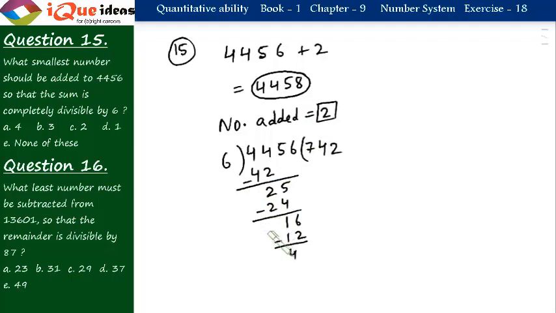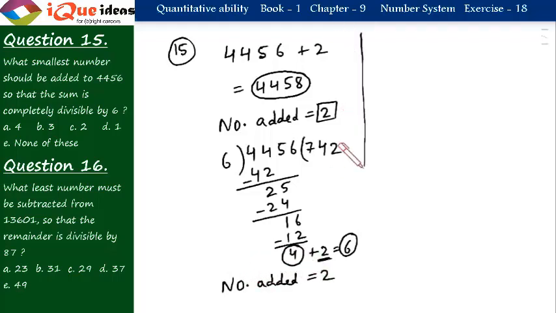Now what do we add to 4 so that it becomes divisible by 6? So very clearly, if you add 2, it will become divisible by 6. So if you add 2, it becomes 6 and divisible by 6. Hence, the number required to be added is 2. This is the other method. Okay. So number added is 2. That is question number 15.